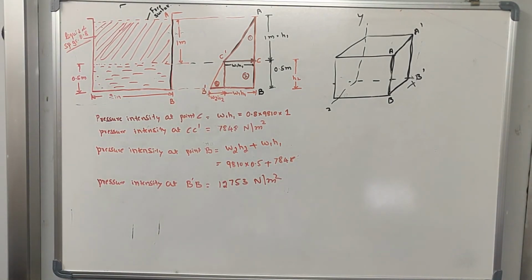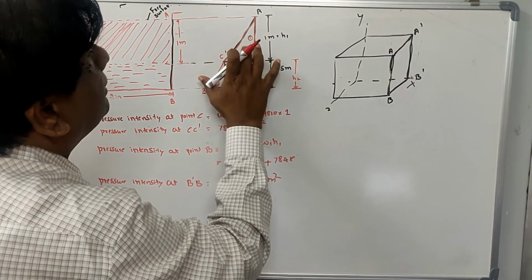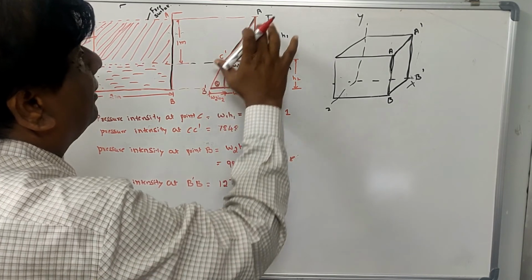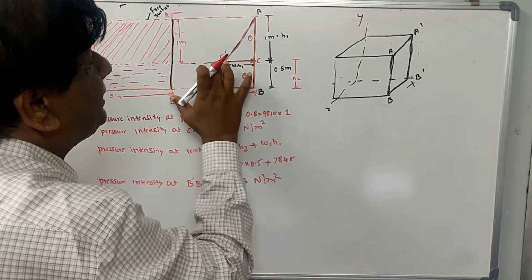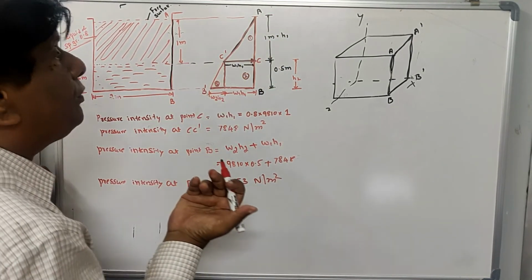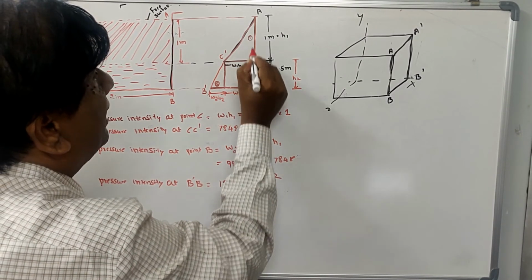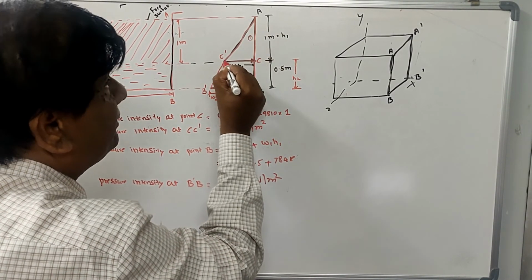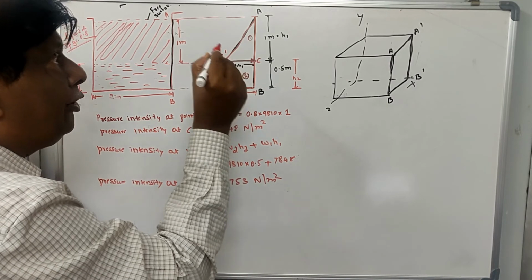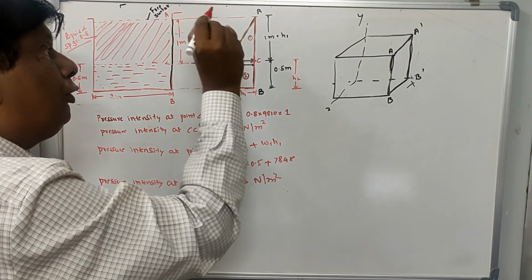Now the total force acting on this triangle ACC dash, total force equal to what? Area of this triangle ACC dash multiplied by unit width gives you the volume.